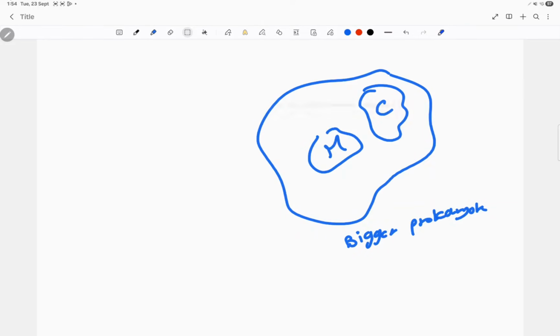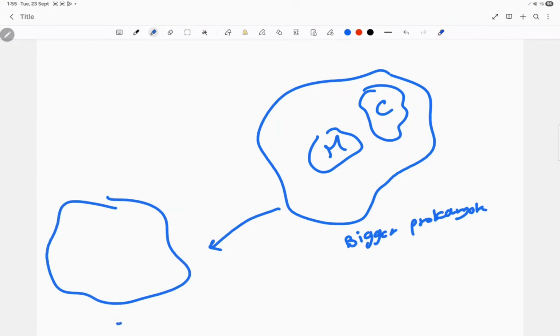They're like, please don't kill me. I will give you ATP and I will give you glucose. And it said, yes, I don't mind, right? And then over time, evolution happened, and then it became a plant, a eukaryote, because a plant has both chloroplast and mitochondria.